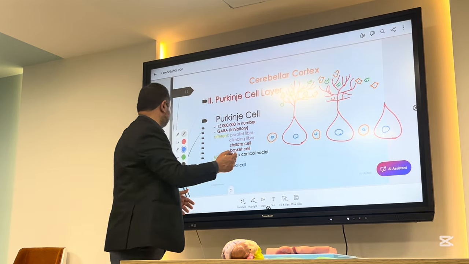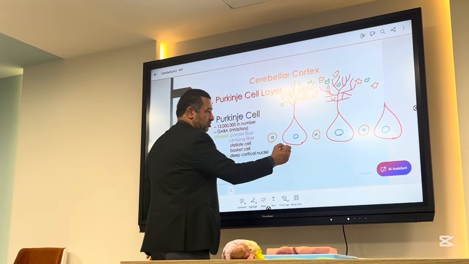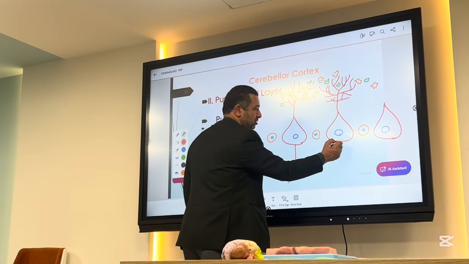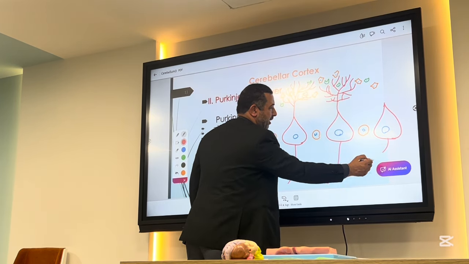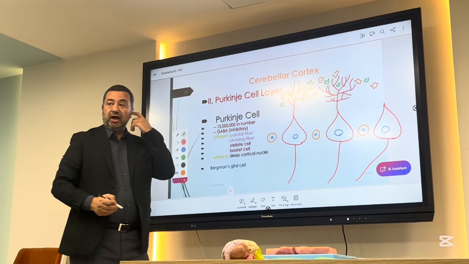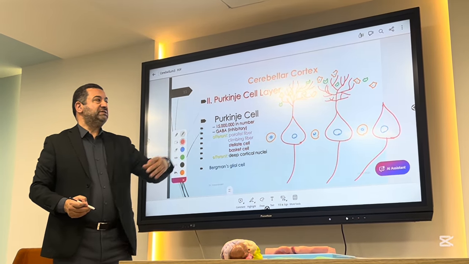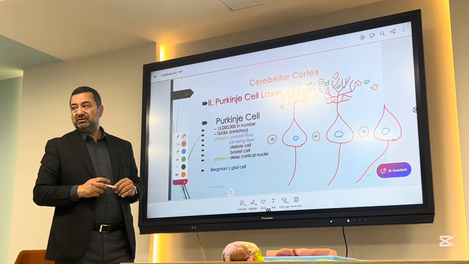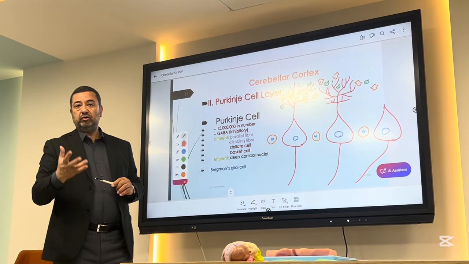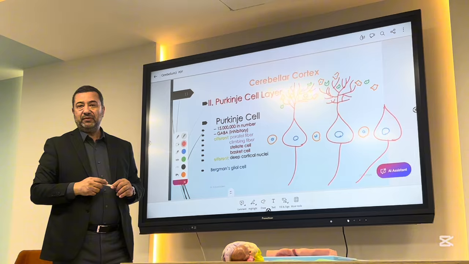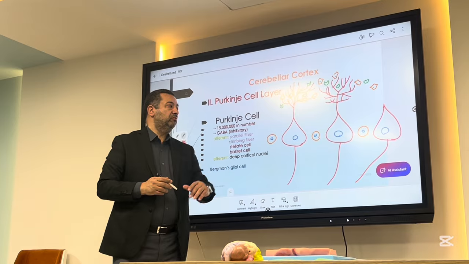And the axon of these cells goes to the white matter and to the cerebellar nuclei. Between Purkinje cells, there are Bergmann's astrocytes or modified astrocytes.